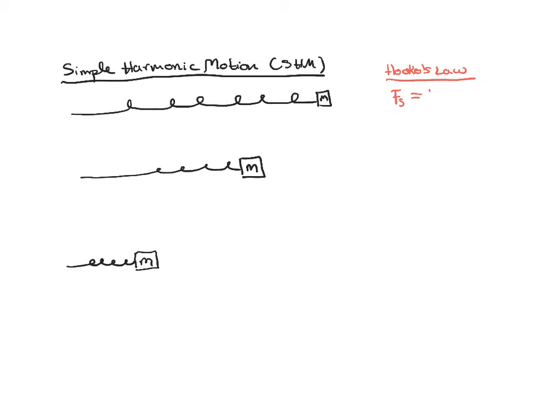So force of the spring is equal to k times x, where k is the spring constant, with units of newtons per meter, and x is the distance from equilibrium.